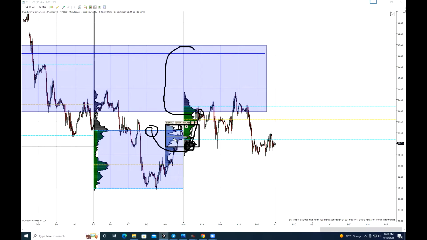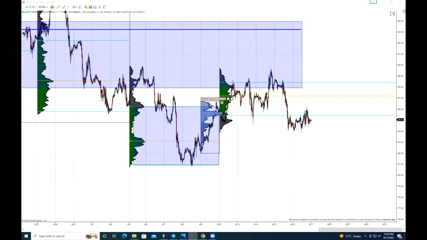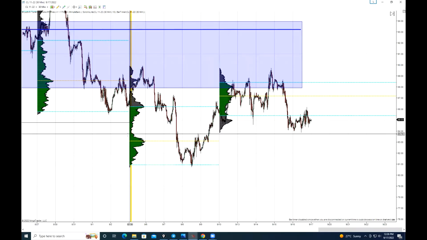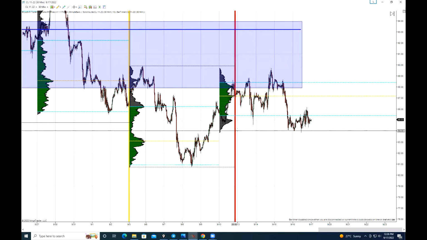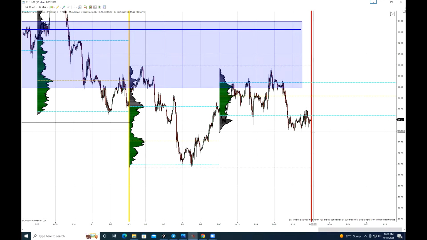And now we can see from this value distribution during the entire week, we are still practically refusing to go back to this value to test maybe the volume point of control and the value area high. And we can see last week also, what we are getting is an overlap of this value. So now we might have to combine this week and last week to get that distinctive Monday, Tuesday, Wednesday, Thursday, Friday to there.